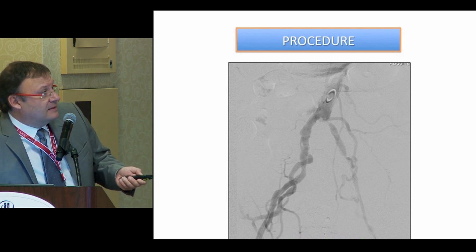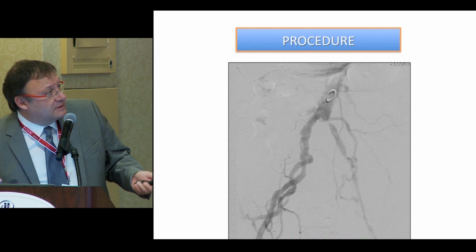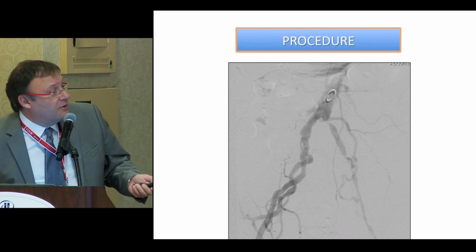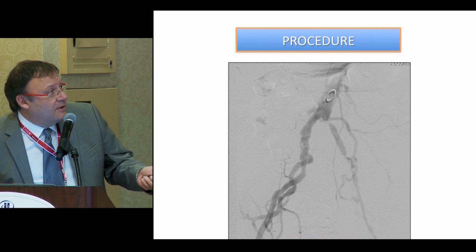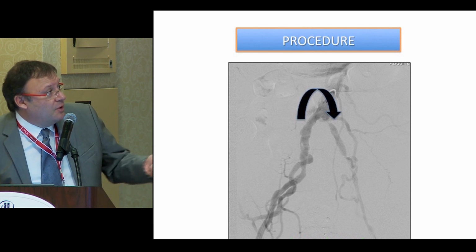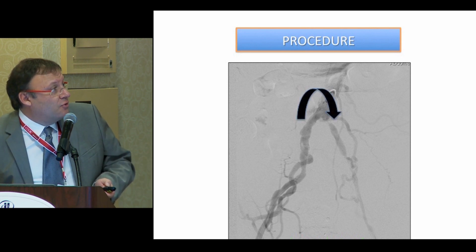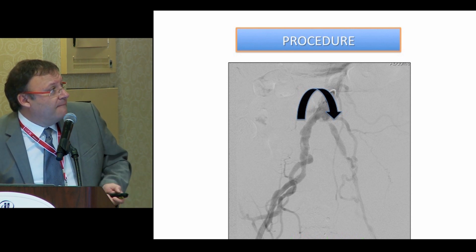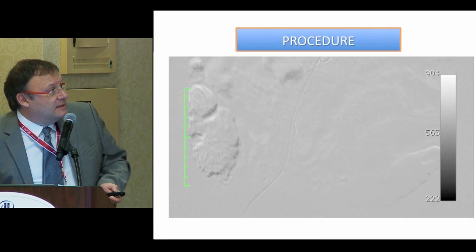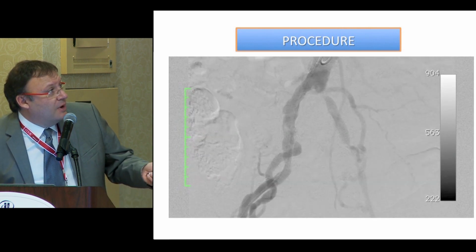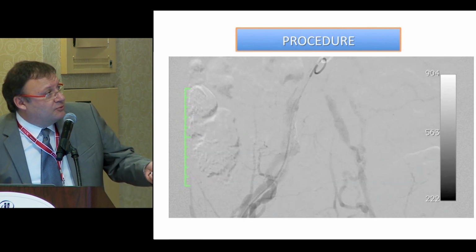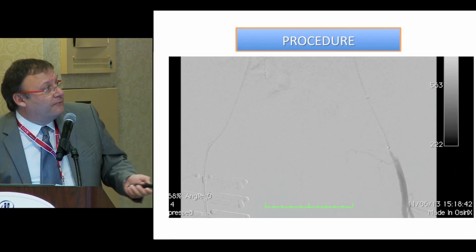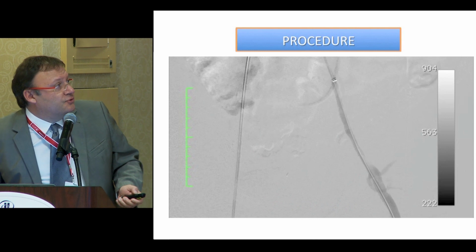You see this short lesion with some aspect of past dissection. We decided to come from the right side and to use the stability of the sheath to pass through the occlusion. And it's exactly what we have done. And we got, in this case, enough support to bend the sheath and to pass through the occlusion with the leader and to go further with the sheath in the occlusion.